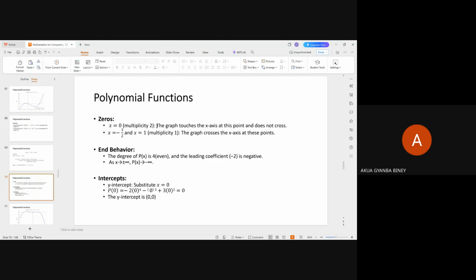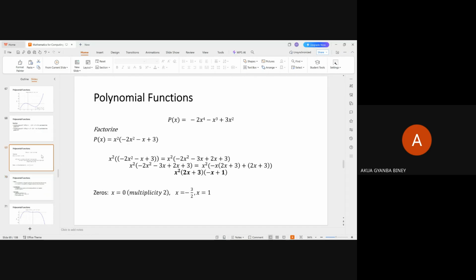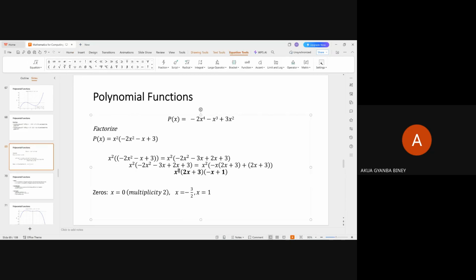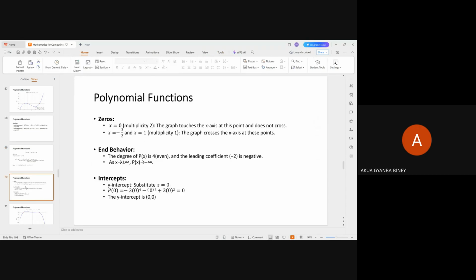But the rest of the zeros, x equals minus 3 over 2, x equals 1, all have 1 as their multiplicity. They don't have a power, or even if they have, it is 1. That is what we mean by multiplicity. This one has a multiplicity of 2, which is even. The rest have multiplicity of 1. So at that point they would rather cross the graph. But when x equals 0, it will not cross. It will just bounce off.